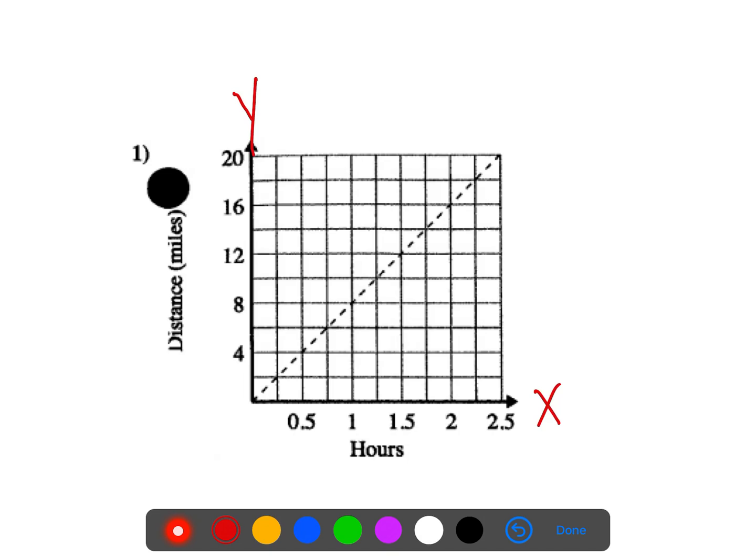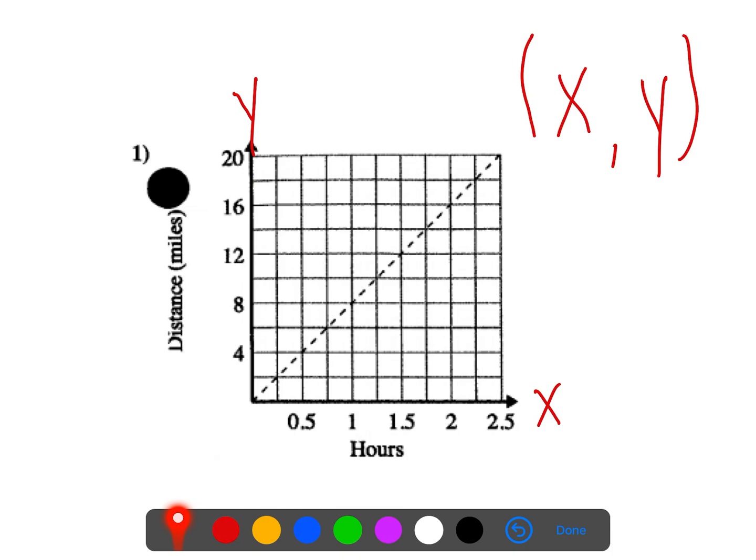And that's going to become very important when you start looking at the answer choices on this handout, because it's going to give you different points on that graph that will have two numbers. Now, the first number in this ordered pair is always going to be the x value. So whatever that number is, we would find it here along the x-axis. And then our second number is our y value, and we would follow that up vertically up the y-axis.